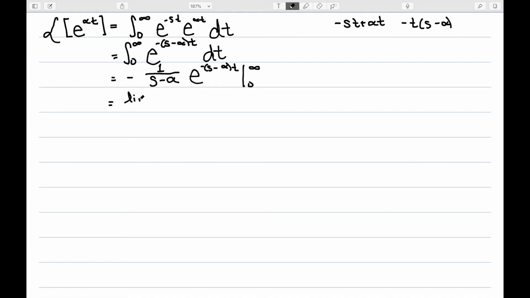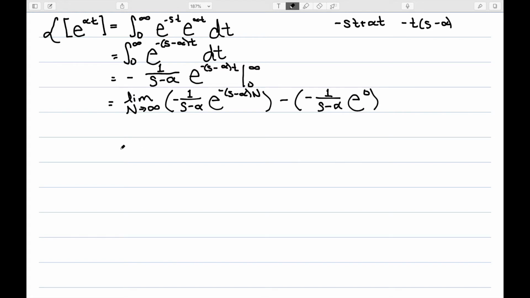This is the limit as n goes to infinity of negative 1 over s minus alpha, e to the minus s minus alpha n, and then minus negative 1 over s minus alpha, times e to the 0. This whole limit here is once again going to go to 0 under a particular condition.